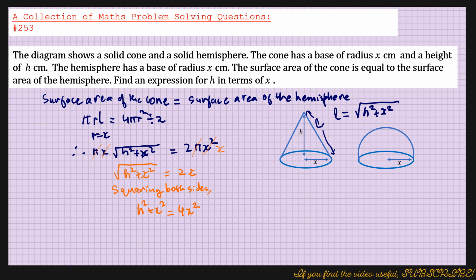I write 8 squared equals 3x squared. So then h would be root 3x. So that is h in terms of x.